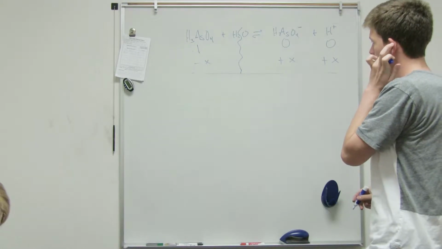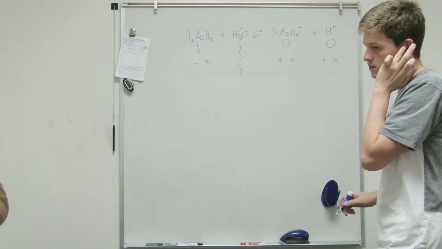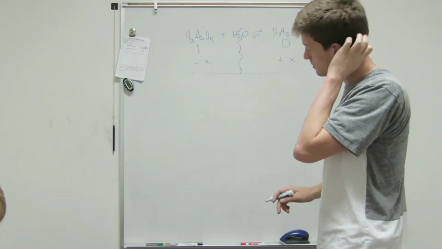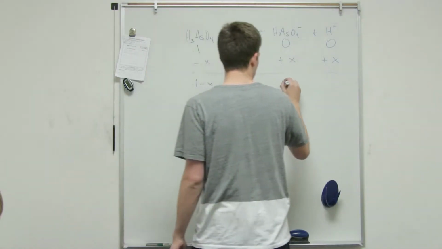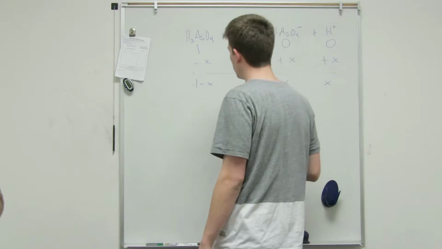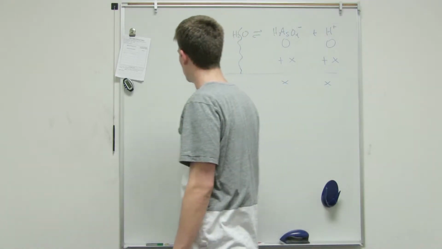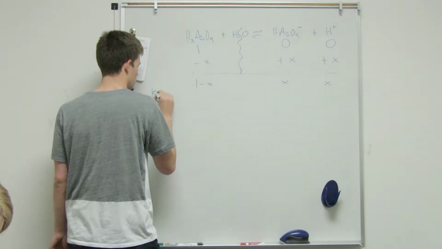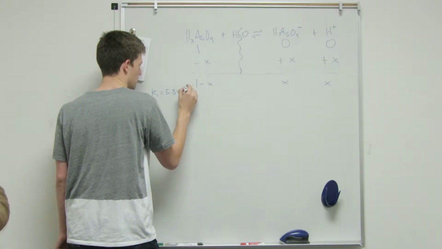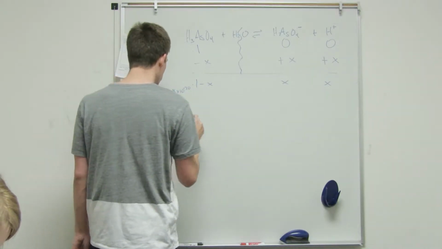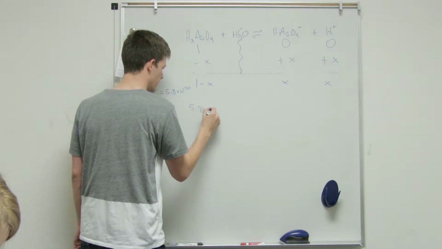So then you get 0.1 minus X and X. And then your K1 is 5.8 times 10 to the negative 30, and that equals X squared over 0.1 minus X.